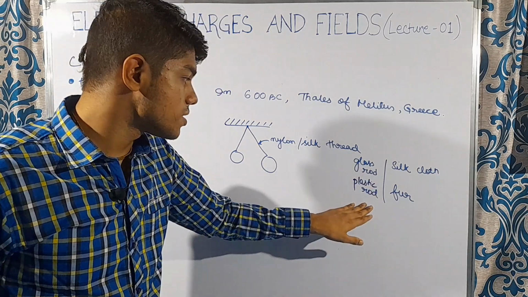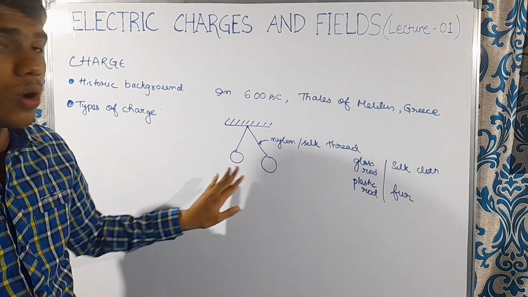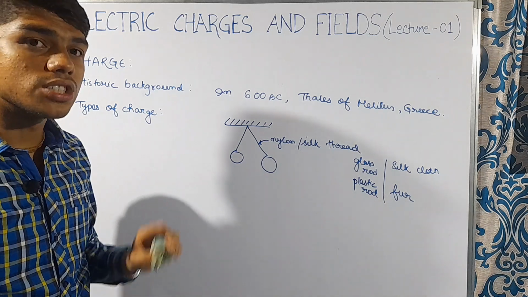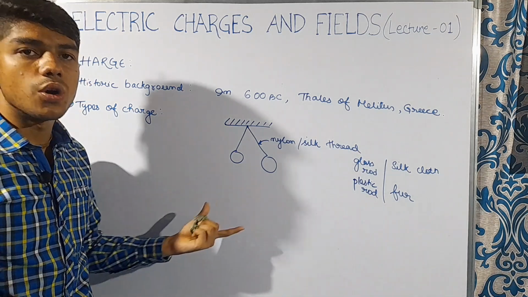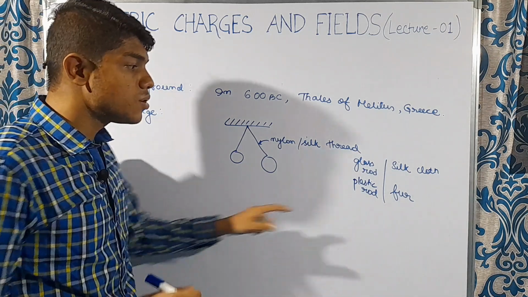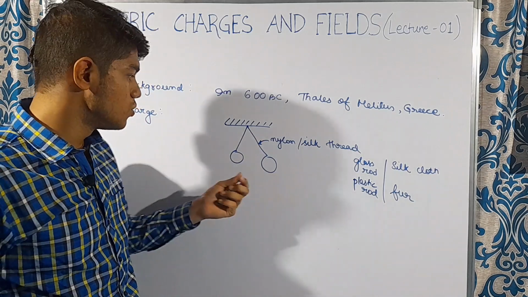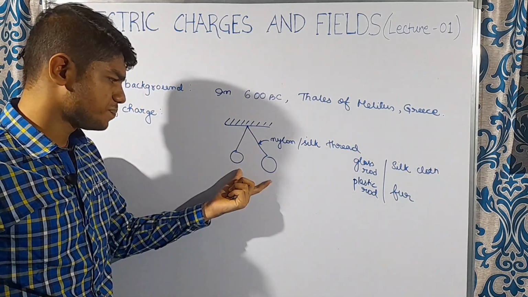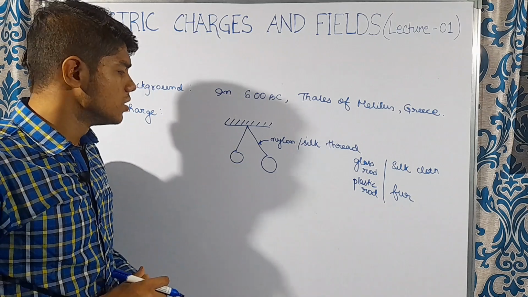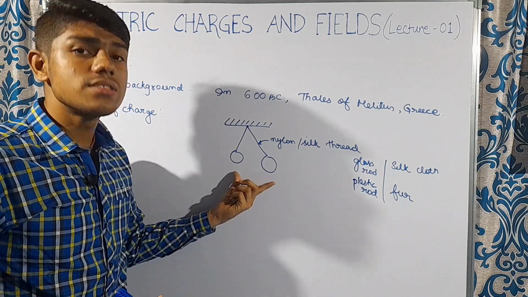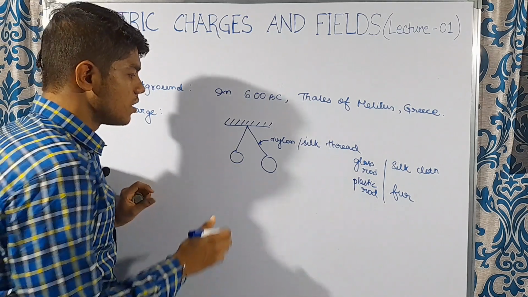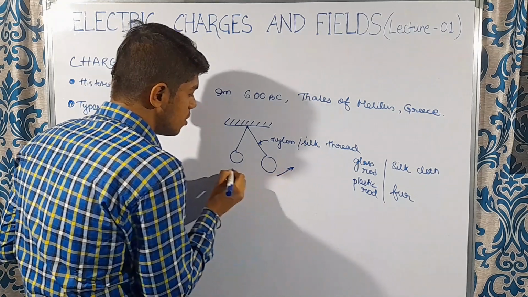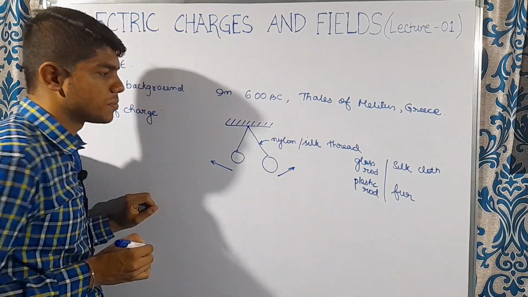Now when you touch this plastic rod with the pith balls, the charges get transferred to these balls. Since you are using the same plastic rod to charge both pith balls, they acquire similar charge, and you will see that they repel each other or move away from each other.